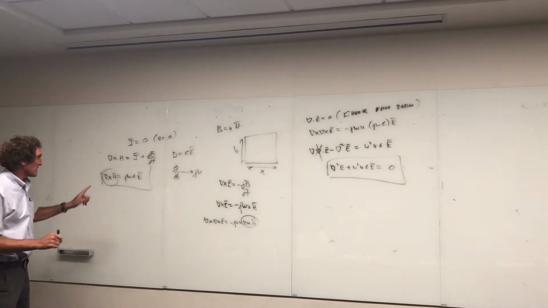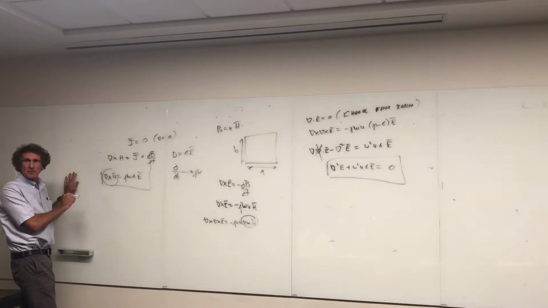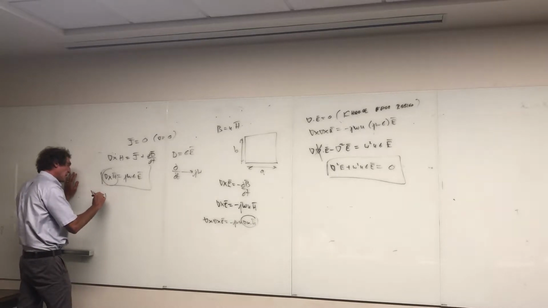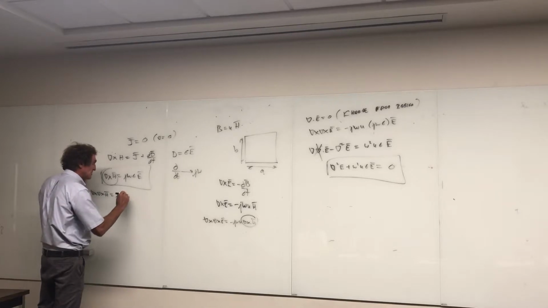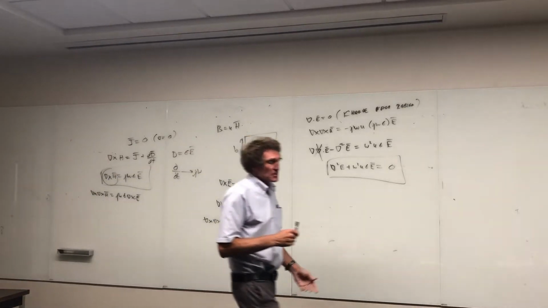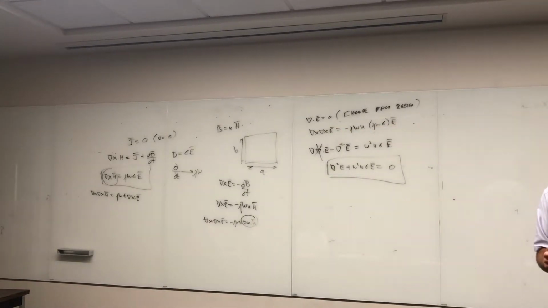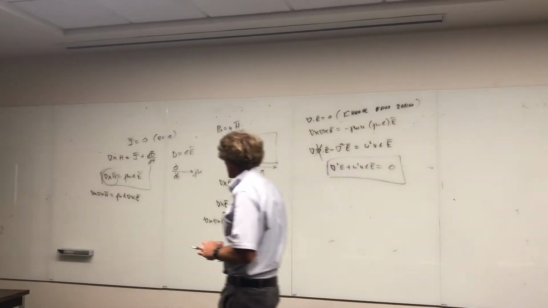We're gonna take another curl over here. I'm gonna do it right here if you don't mind. Can you all see me guys in the back? All right, so here I've got curl of H is equal to j omega epsilon times curl of E. You all see that? I took the curl of H instead of the curl of E. Now when I do that, what do I replace this with?